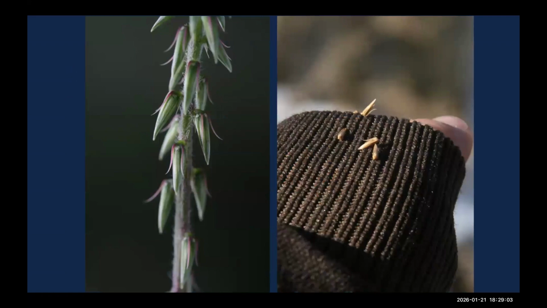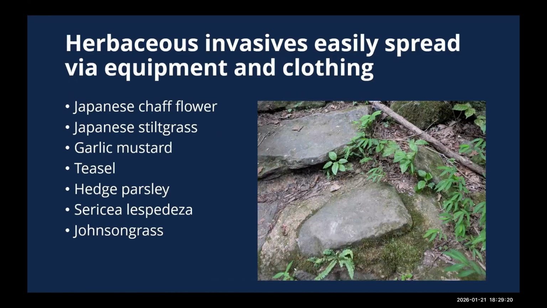Some of the invasive herbaceous plants that we worry about here in southern Illinois, like chaffflower, but across the state, there's others. We don't want to accidentally be dragging those around as we're doing our woody invasive control and accidentally spreading these. And so there's a number of them, right? These are just a small list of some of the herbaceous invasive species that are easily spread around either on equipment or clothing.